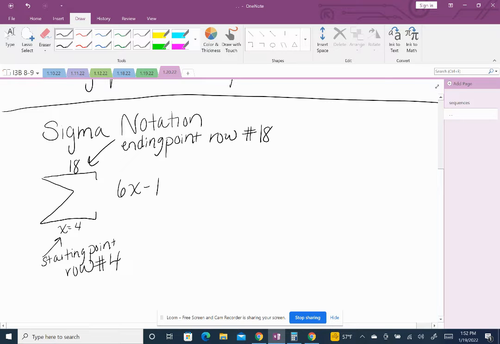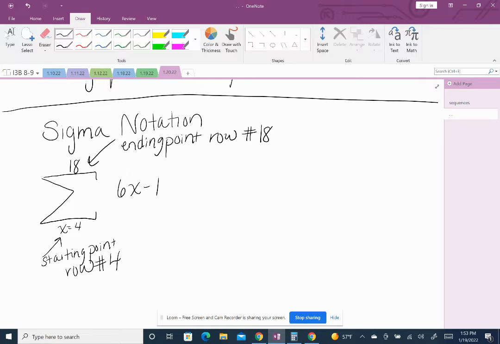So we're starting in row 4, ending in row 18, and instead of saying there's 50 seats in each row, we can know the number of seats by the x, which is our number of rows, by using that equation right there. Okay, hopefully I didn't lose you guys yet. So you'll see a problem that would look just like this. The bottom is where you start, the top is where you end, and then you could find the sum of everything. So you're going to use the equation that we used before. This sigma just kind of adds an extra step to it.